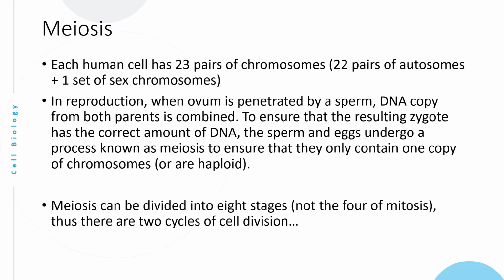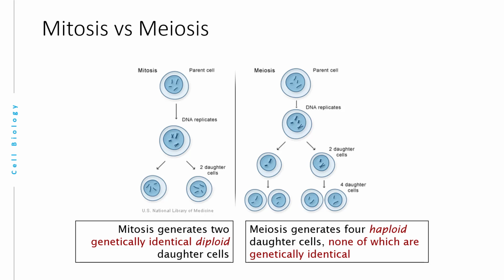And let me show you a comparison of mitosis and meiosis. You see, in mitosis, the parent cell undergoes DNA replication, and then you have 2 daughter cells. Each one of them receives an exact copy of the DNA as of the parent cell. So mitosis generates 2 genetically identical diploid daughter cells. In case of meiosis, DNA replication occurs similar to how it happens in mitosis, and then you form 2 daughter cells.